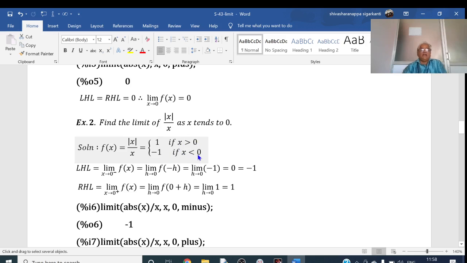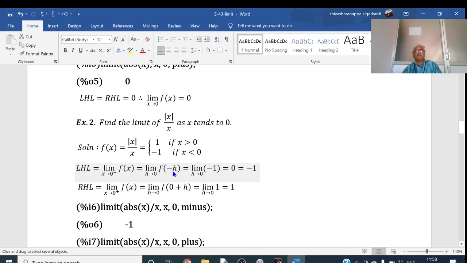Now to find the left hand limit, I will go for LHL equal to the limit of f of x as x tends to 0 minus. This is equal to the limit of f of 0 minus h, that is minus h, as h tends to 0. This is a negative quantity. If this is a negative quantity, then according to the definition it is equal to minus 1.